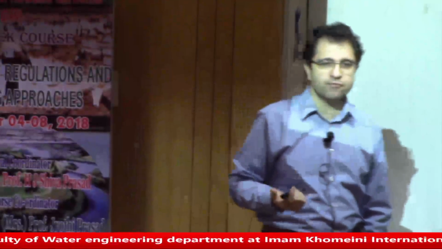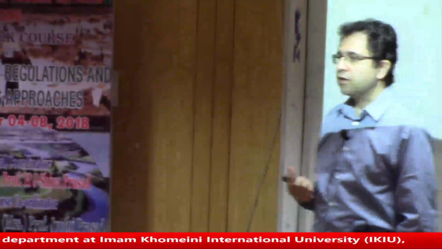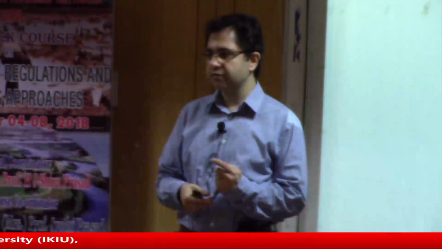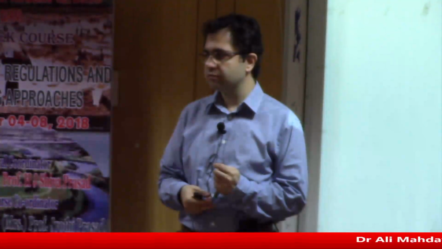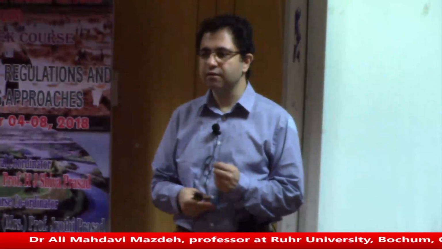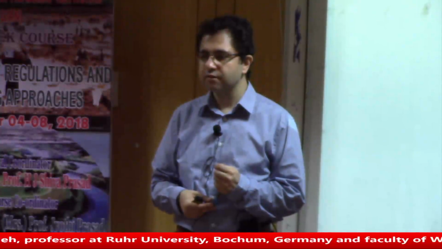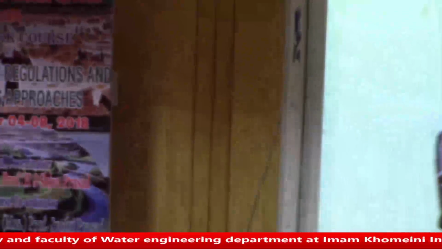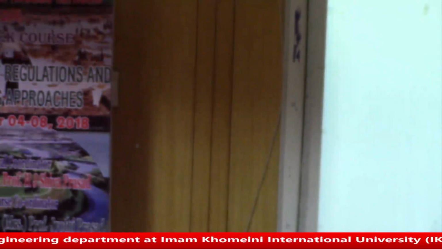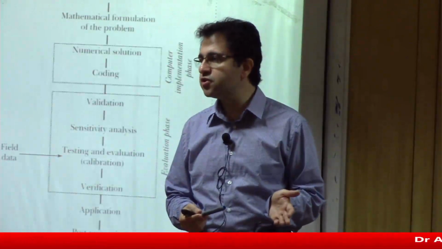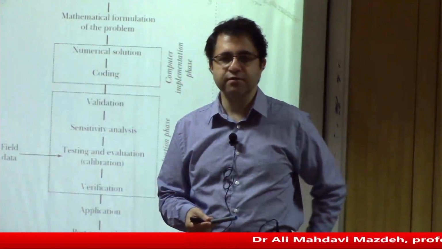Can anybody tell me what is the formula for calculating the discharge over a rectangular weir? It's very easy. We have a weir, and the depth of the water on this weir is 15 centimeters. We want to see how much discharge goes over this weir.